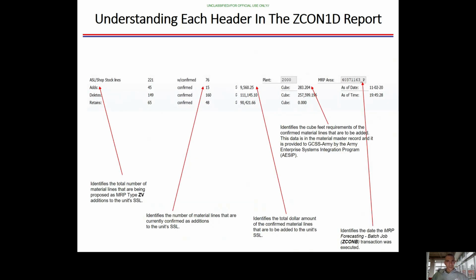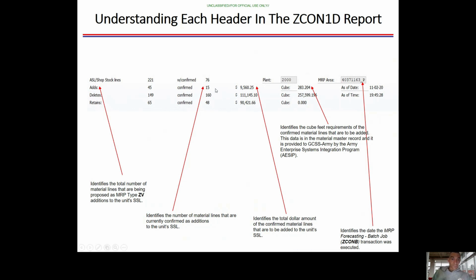The next portion of the header we're going to break down is the adds. When we're talking about adds, this is the total number of material lines that are being proposed. With the demand analysis ran, this is what it's saying. For instance, on this one, it's saying that I propose we add 45 lines of SSL.